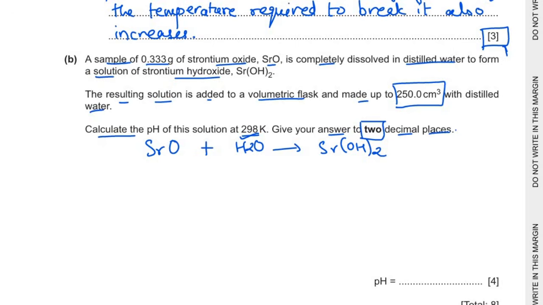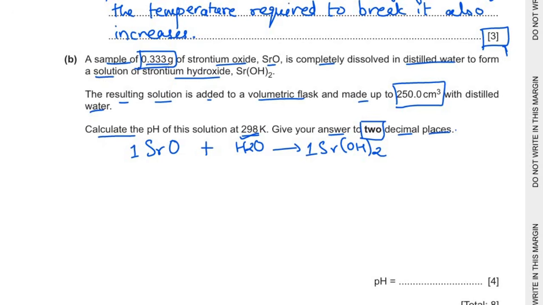So here you can see the equation is already balanced and we don't need to balance. So the ratio here is 1:1. Now, the first thing we'll do is calculate the moles of strontium oxide used here.